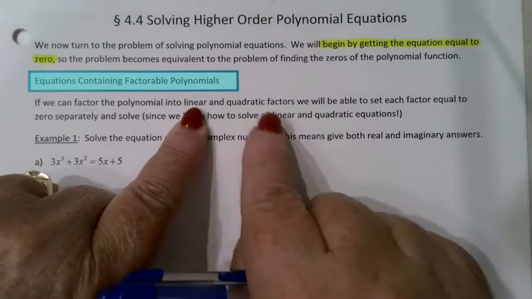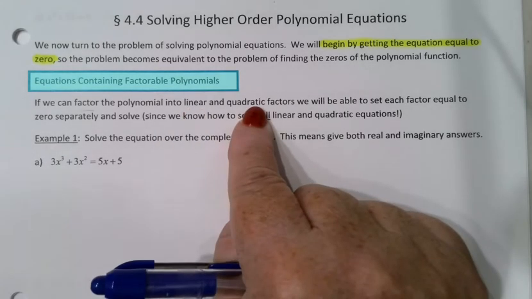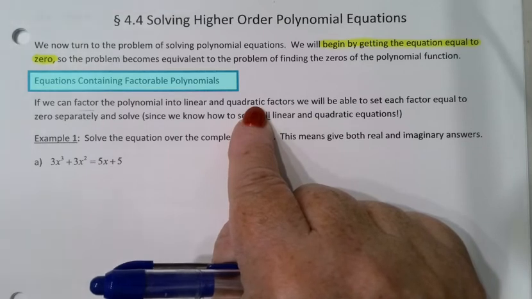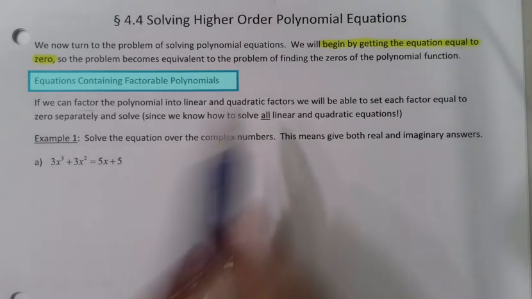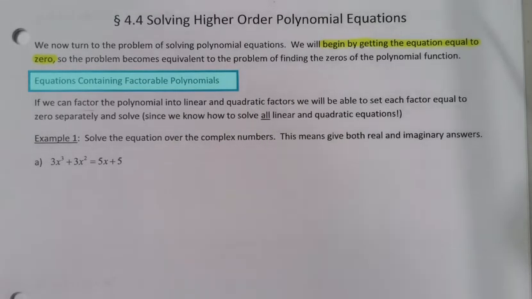And as we just mentioned, we can also solve any quadratic equation equal to 0. Maybe we could factor, maybe a square root method, but if nothing else, we always have the quadratic formula. So as long as I can take my equation, get it equal to 0, and then factor into linear and quadratic pieces, I will be able to solve my equation. These first few examples will work like that.